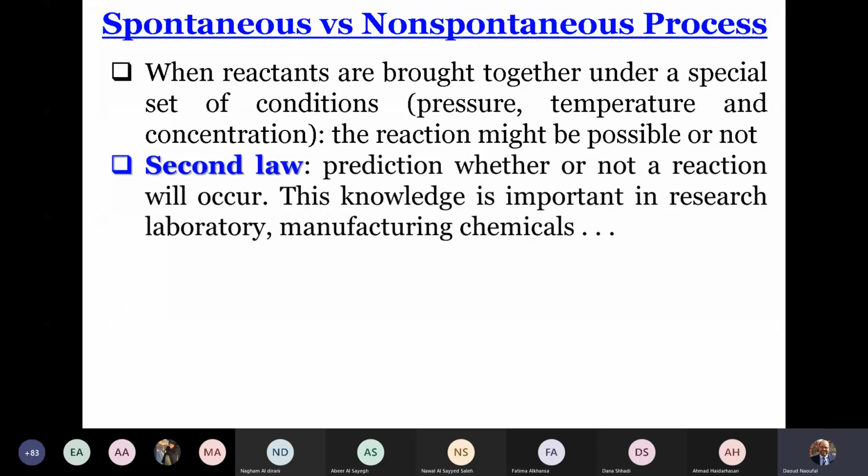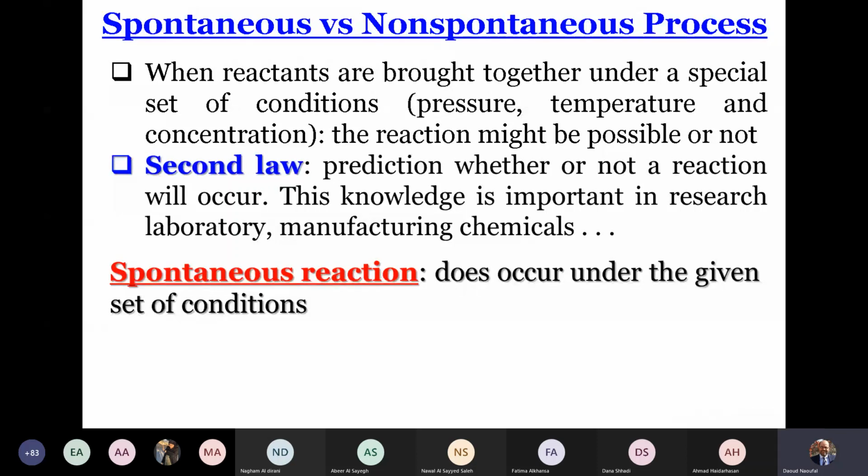From the thermodynamic data obtained, we can know that this reaction is impossible. What is the meaning? It's not necessary to go to the lab to prepare it, because by theory, we could not prepare the substance. So the answer is in the second law of thermodynamics.